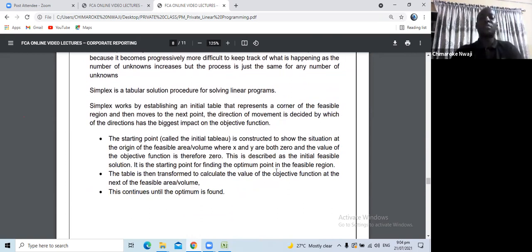Now, how does the simplex method work? First, we establish something called an initial table. Before you get to that initial table, you must have formed the model. But this time, you are going to be forming the model using slack variables.